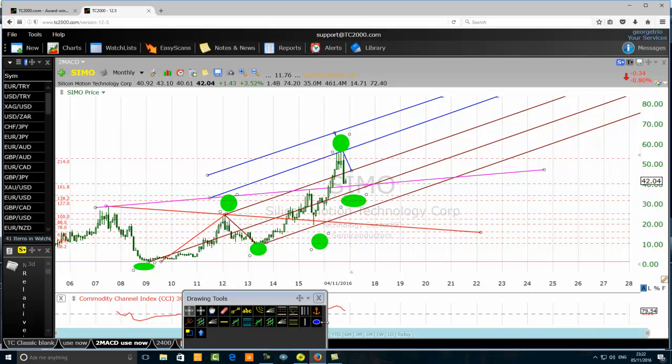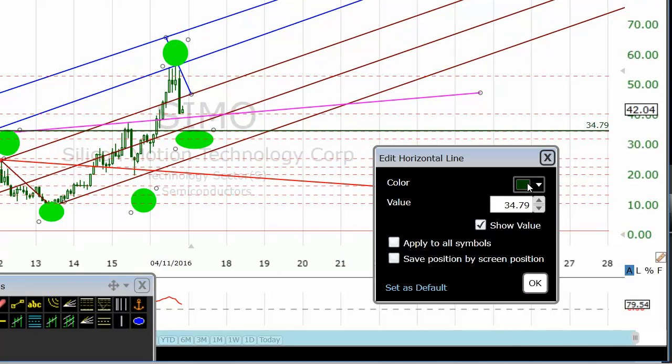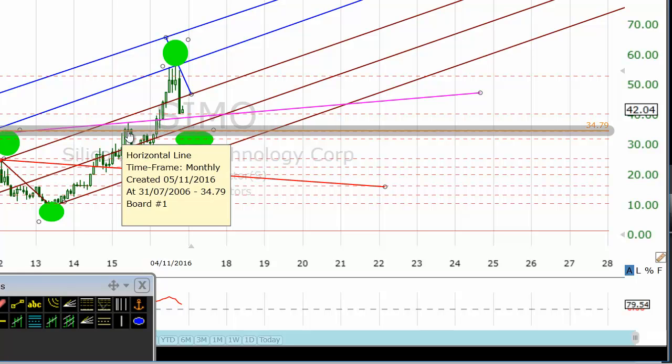Look at this level, the critical 138.2% Fibonacci extension level. I'll color it orange. So price breaks above the prior high. The next challenge for the bullish momentum is the 138.2% Fibonacci extension level.